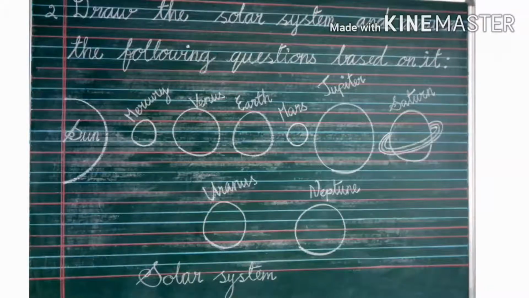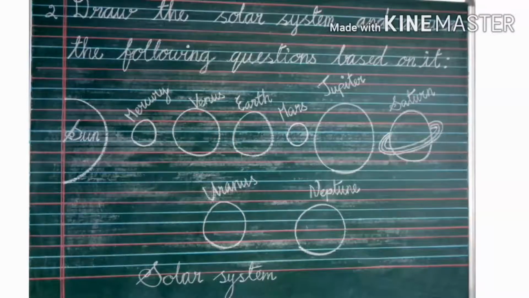And what is the sixth planet? Saturn. Seventh planet is Uranus.